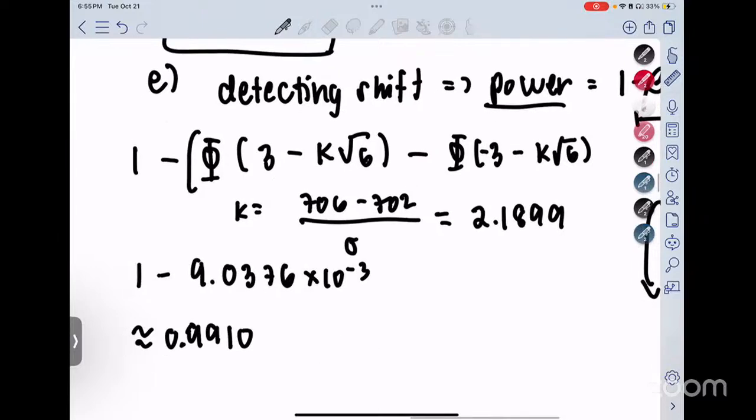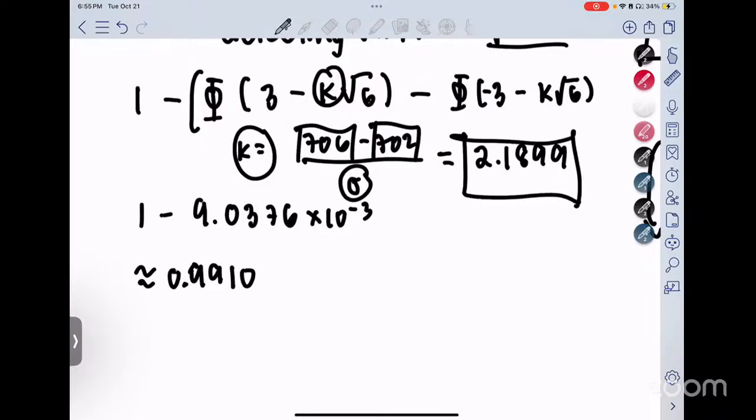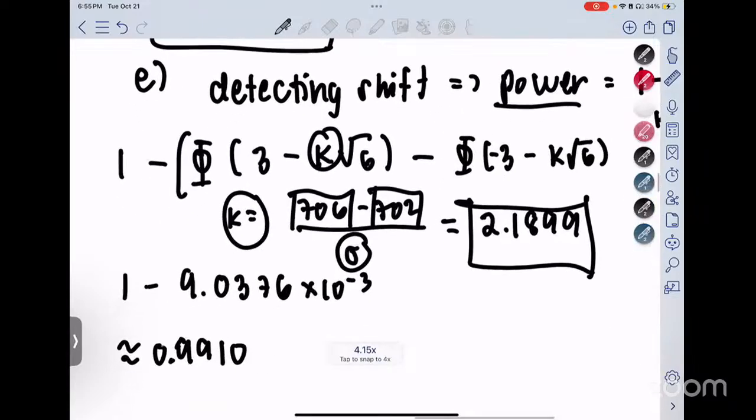I have an equation for that, plugging it in. The only challenge here is to find K. K is just the new mean minus the old mean over sigma, because we just want to find out gaano kalaki yung deviation in the mean in terms of sigma, relative to the population standard deviation.